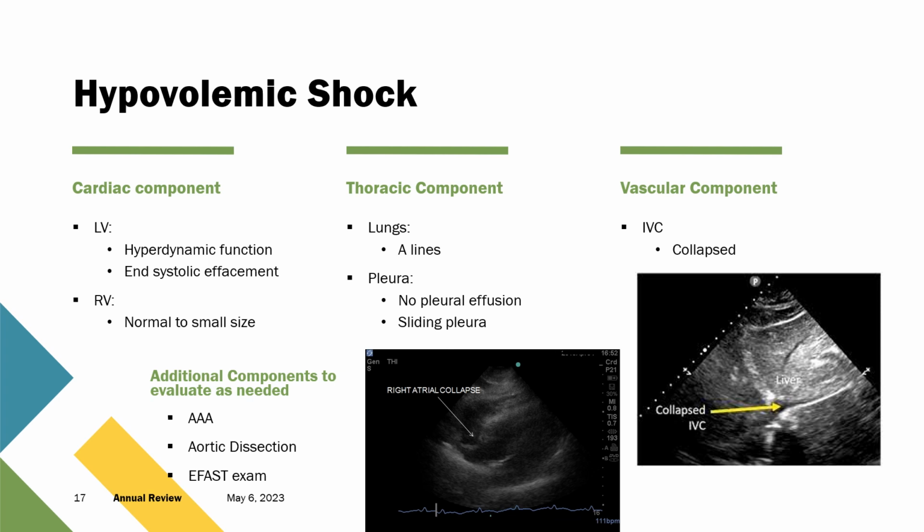Additional components can be evaluated as needed. So you can look for a AAA or maybe a ruptured AAA. A quick long assessment down the aorta can help you evaluate for this, looking for any free fluid in the abdomen. Including an EFAST exam would also give you that same information. And then also looking for an aortic dissection.